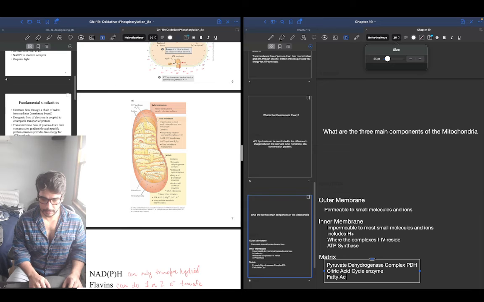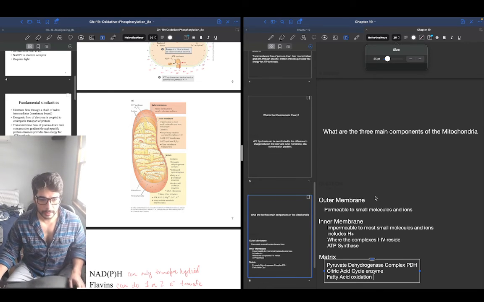Fatty acid oxidation. Wow, that was terrible. Oh wait, beta.